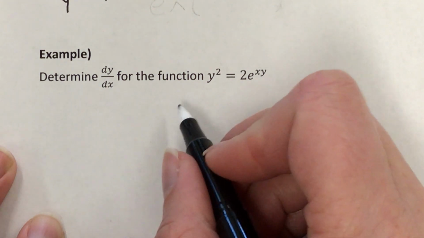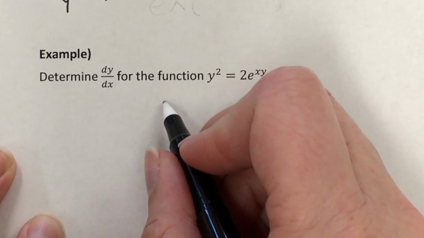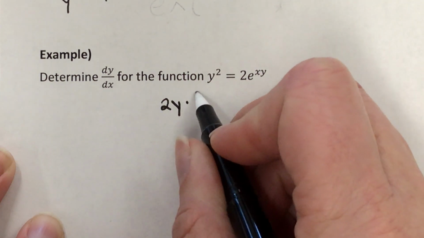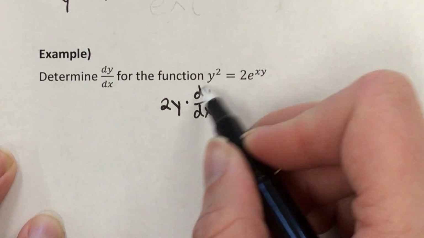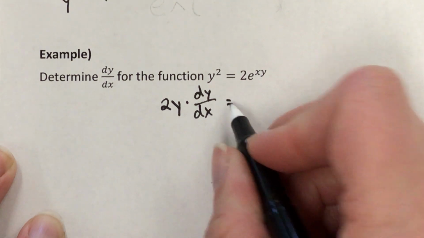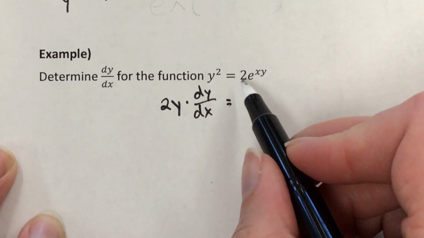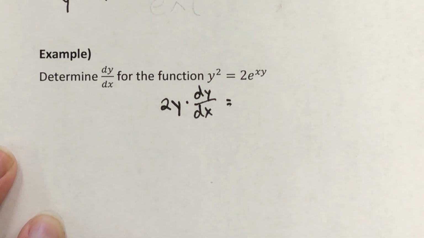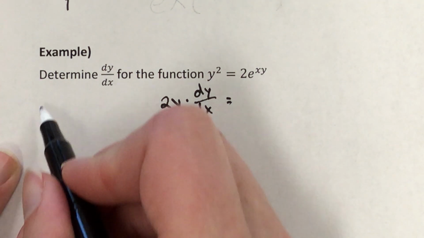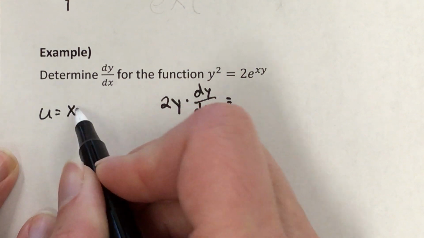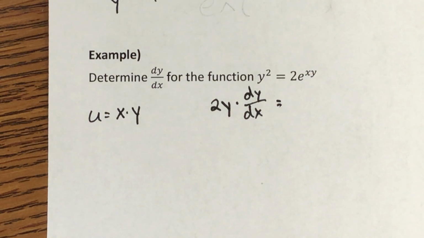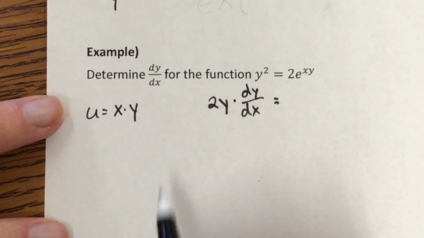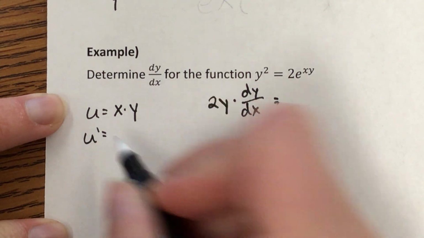Derivative of y squared is 2y times dy dx, right? Every time you take a derivative when there was a y, you got to toss that dy dx in there as well. Okay, over here, 2e to the xy. Well, that's e to the u. Let's do that u thing off to the side. U equals x times y. If that is multiplication, then u prime is going to need a product rule.